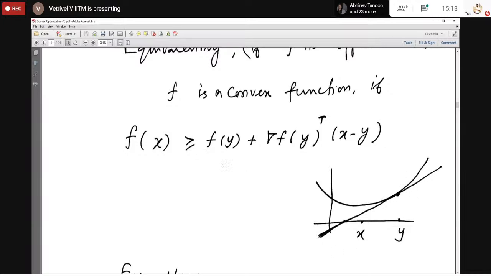The right hand side is the height of this tangent line, whereas f of y is the height of the corresponding point on the curve. So the tangent line always lies below the curve, if the function is differentiable. Otherwise, there is no point in using this inequality.